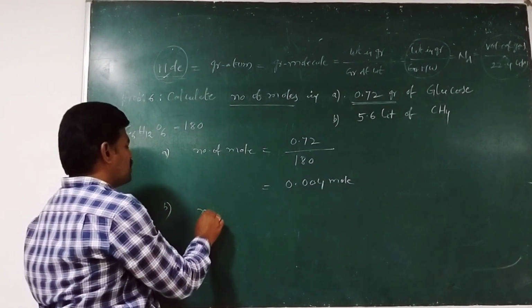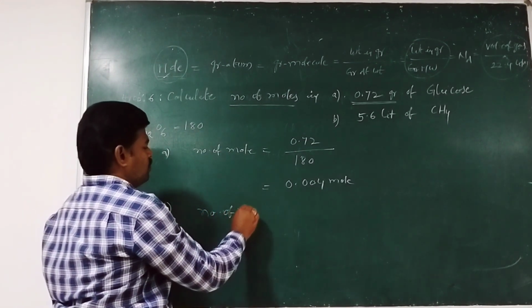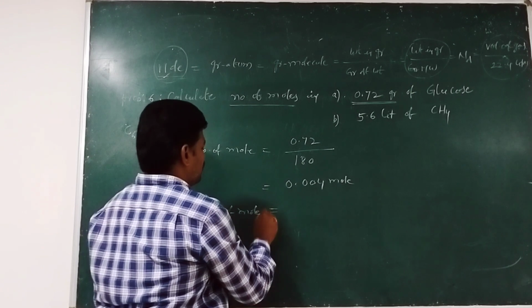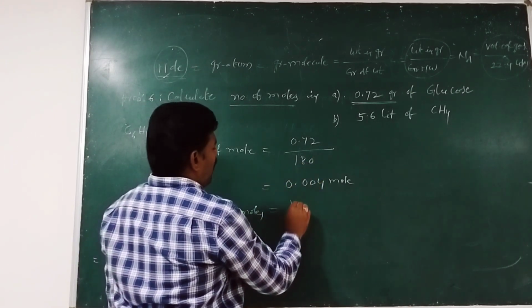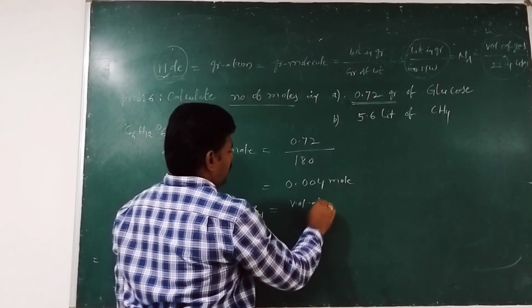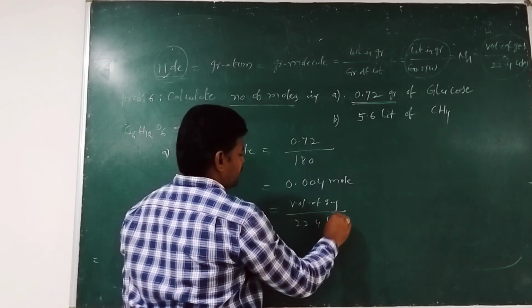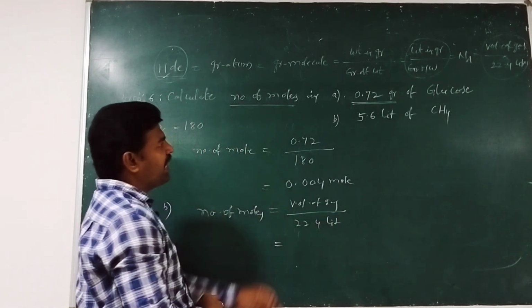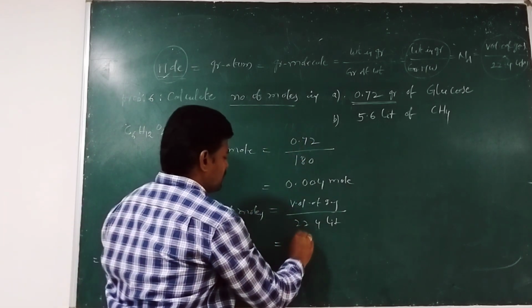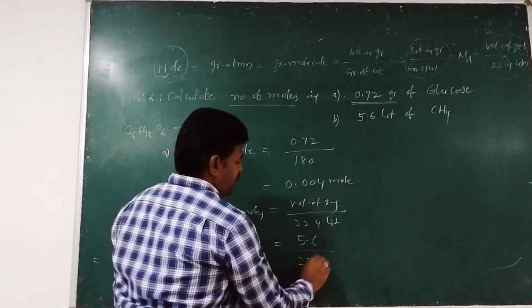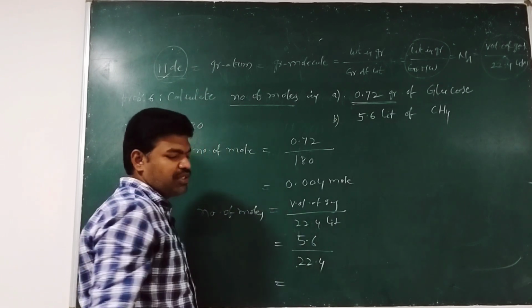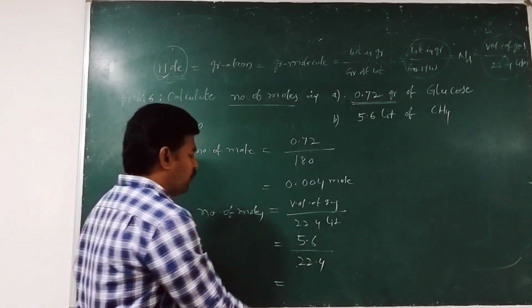Number of moles is equal to volume of gas by 22.4 liters. So volume of gas is 5.6 liters by 22.4 liters, which comes out to be 0.25 moles.